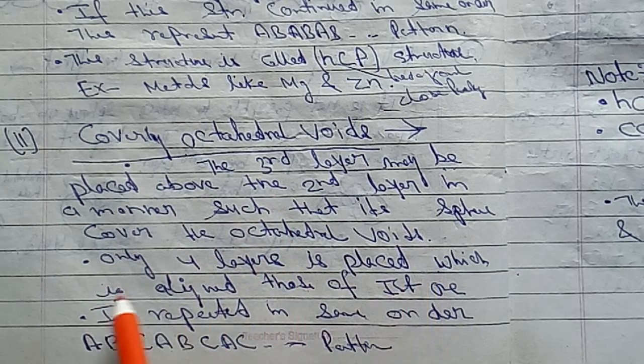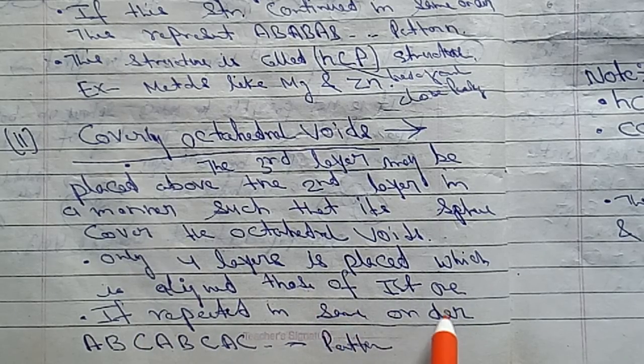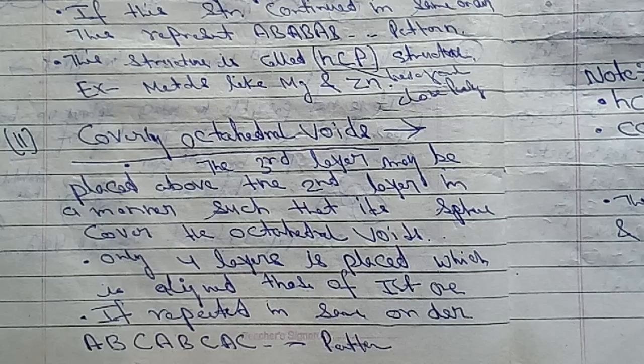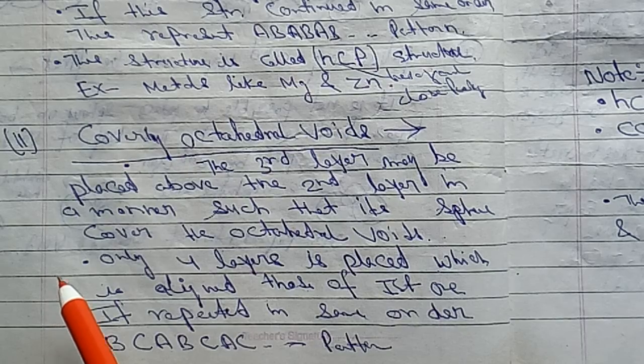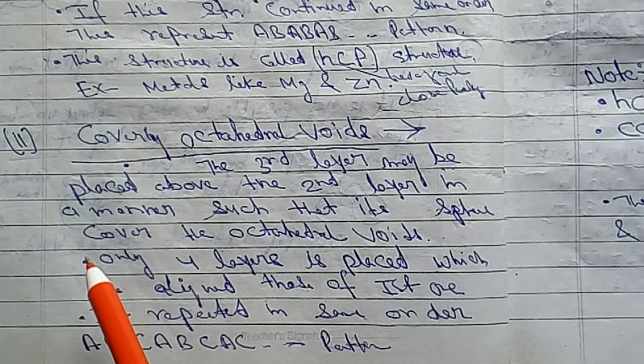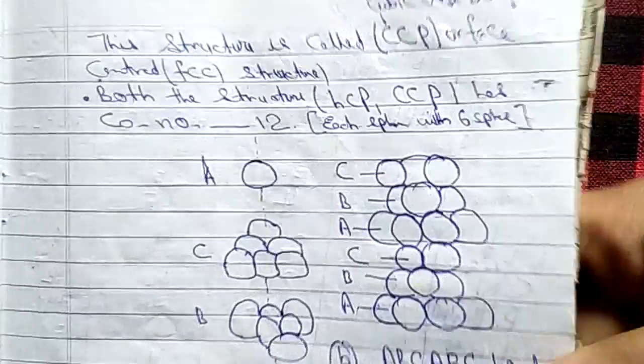Covering the octahedral void, the third layer is placed such that it is not aligned with those of the first. If repeated in the same order, the arrangement pattern obtained is ABC. So covering the octahedral void, the pattern is ABC, and covering the tetrahedral void, the pattern is AB, and the type of packing is HCP. Now see what ABC is and how it is made.